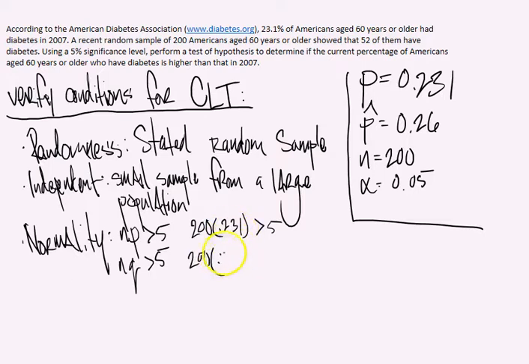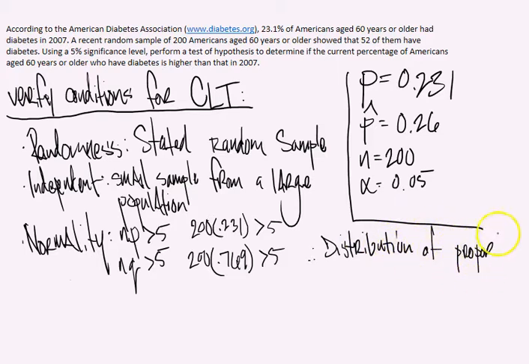So 0.769, 76% of 200, is obviously larger than 5. So we can say, therefore, our distributions of proportions are assumed approximately normal.